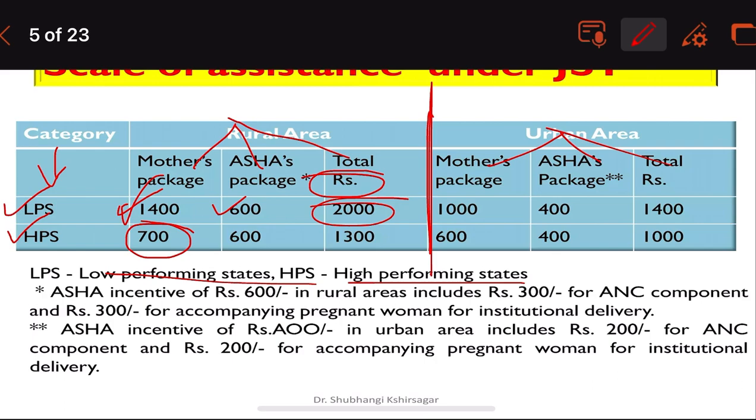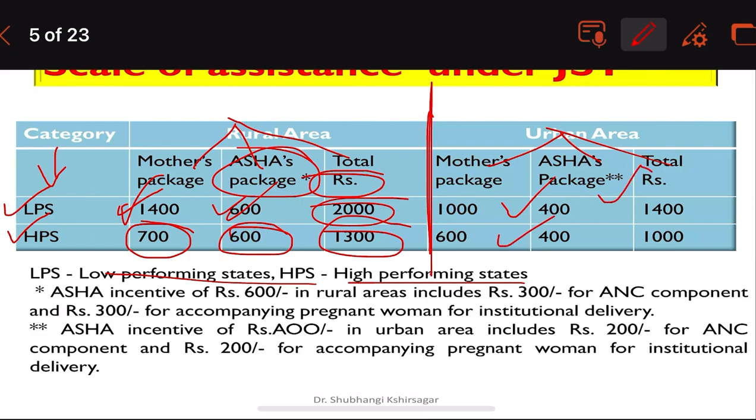The ASHA, who accompanies the pregnant mother for the institutional delivery, is given 600 in both low and high performing states. You have to calculate the total amount. Next, in the urban areas, the mother receives 1000 rupees and the ASHA receives 400 rupees.